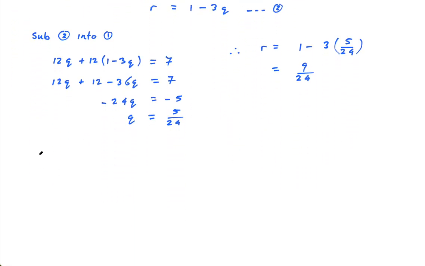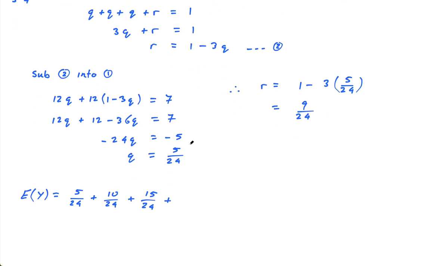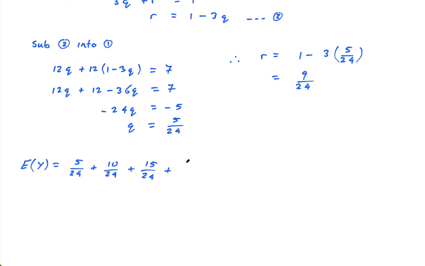So the expected value of y is equal to 1 times q, 5 over 24, plus 2 times q, 10 over 24, plus 3 times q, which is 15 over 24, plus, just a reminder guys, it's 1 times 5 over 24, plus 2 times 5 over 24, plus 3 times 5 over 24, plus 4 times 9 over 24, which is 36 over 24.